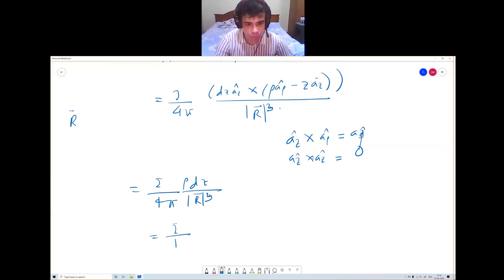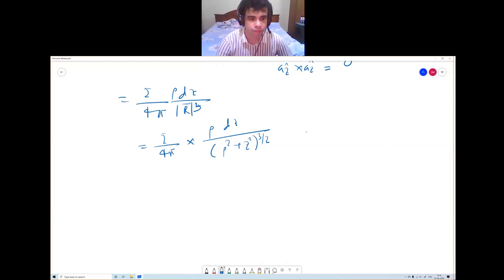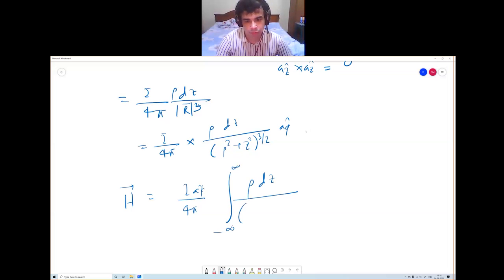So this is I by 4 pi rho dz. What is r cube? r cube will be rho square plus z square to the power 3 by 2. So what is H? The direction will be a phi. H is I by 4 pi a phi integral from minus infinity to infinity of rho dz over rho square plus z square to the power 3 by 2, as the wire was infinitely long.